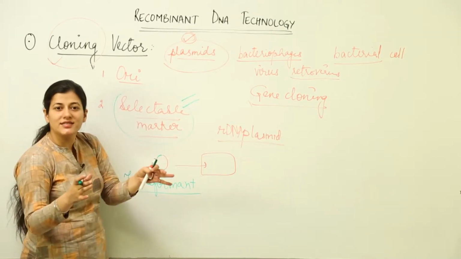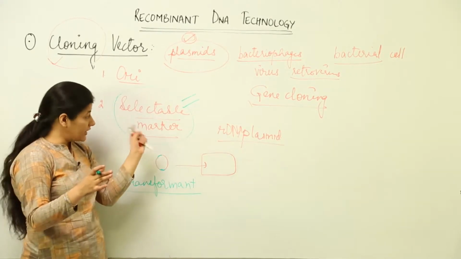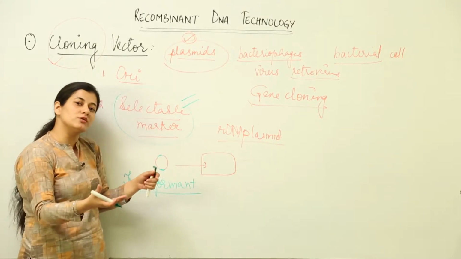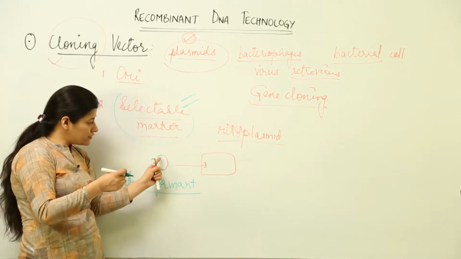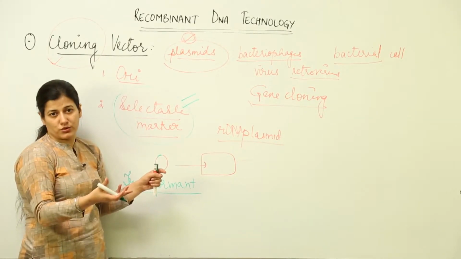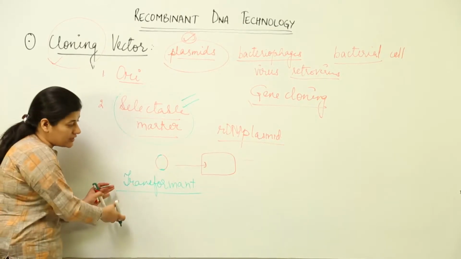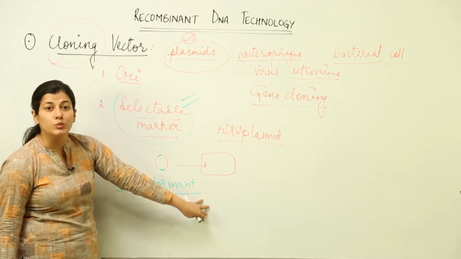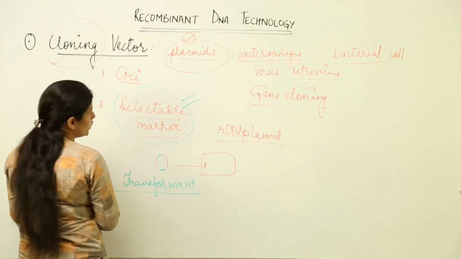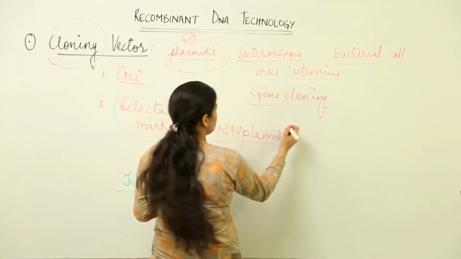Unless you give the desired gene to that vector, it is not going to show that activity. And once it shows that activity, that means your gene of interest has also gone inside and your selectable marker gene has also gone inside, and from that you can make out whether the transformant is working or not working.